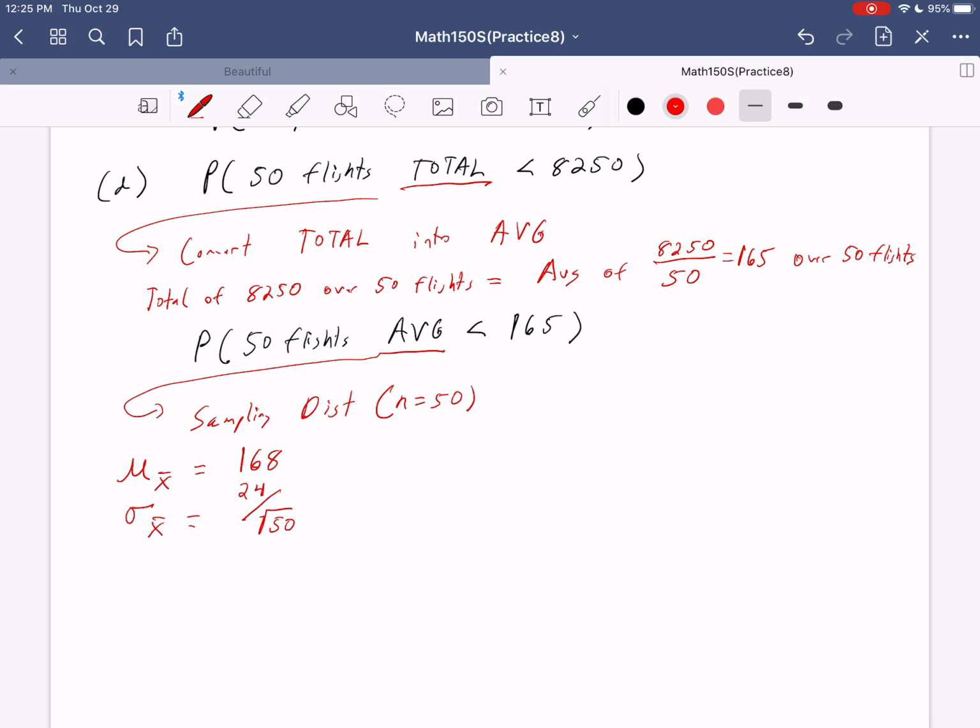So 24 divided by square root 50. This should give us a standard deviation that's about 3.39. And of course, the shape is going to be approximately normal, since our n is greater than or equal to 30. So this is the distribution we'll use to actually answer this question.